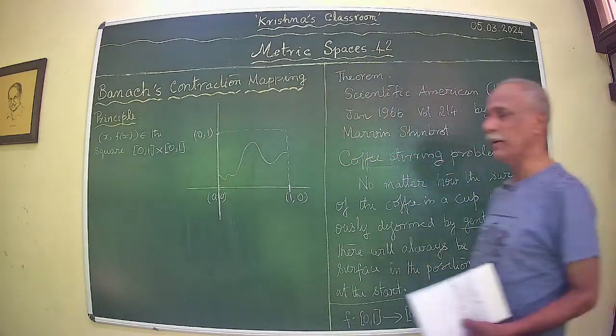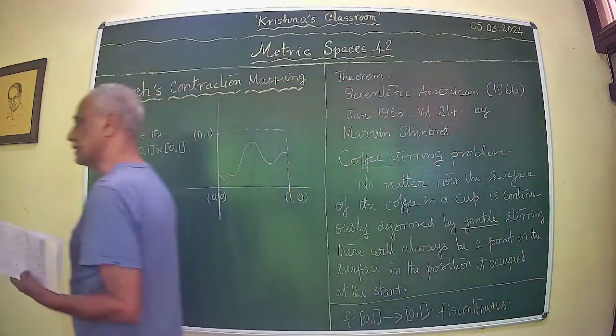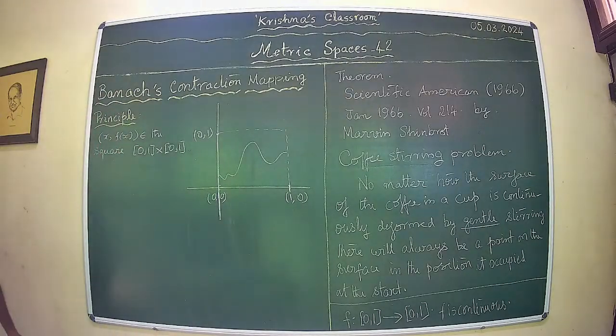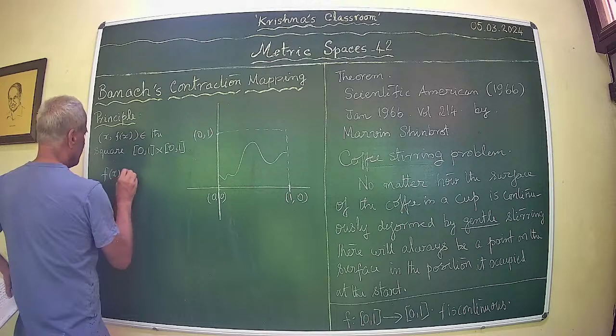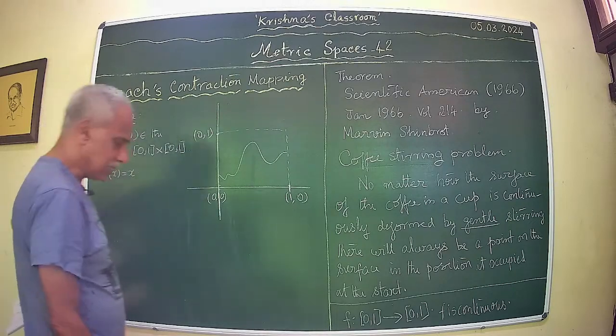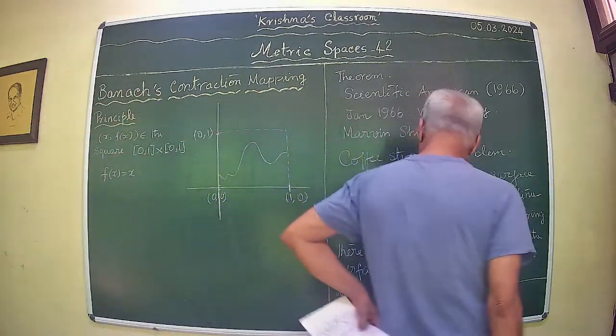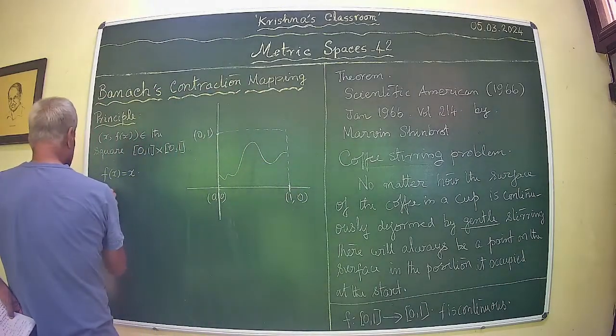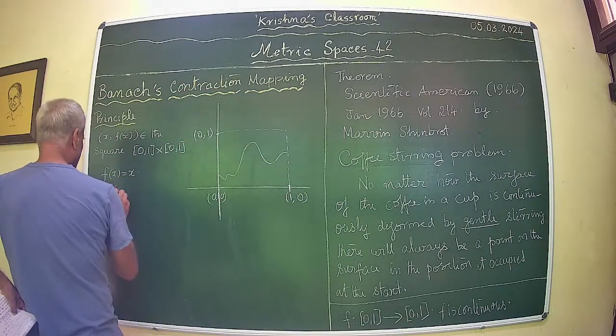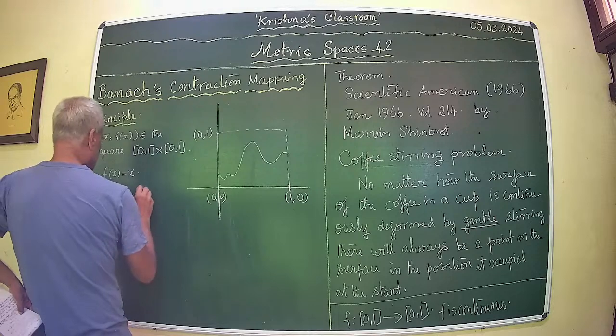Now, what do we mean by it has a fixed point? So, we are looking at this problem f(x) equal to x. So, we have got two functions, y equal to f(x) and y equal to x.